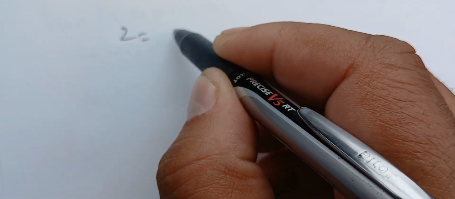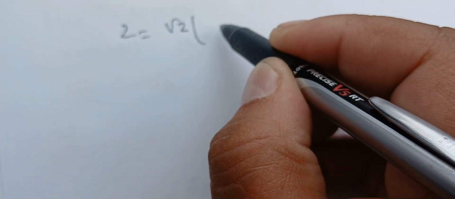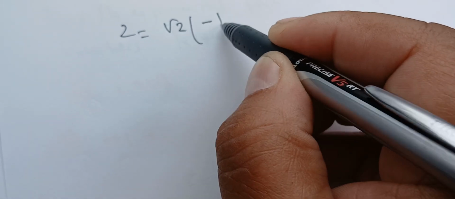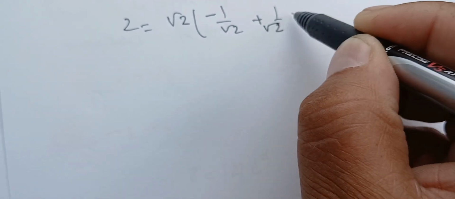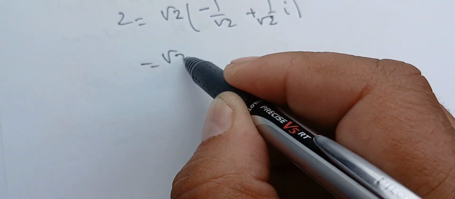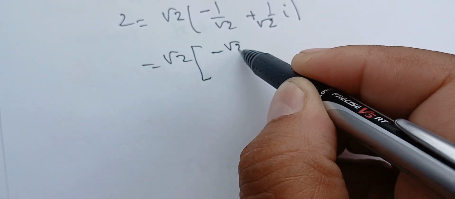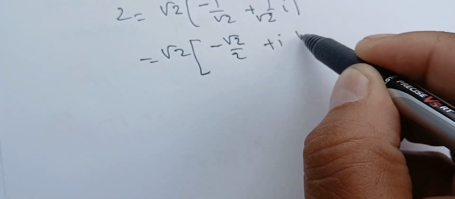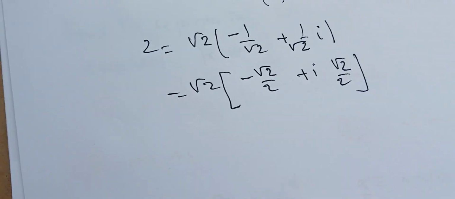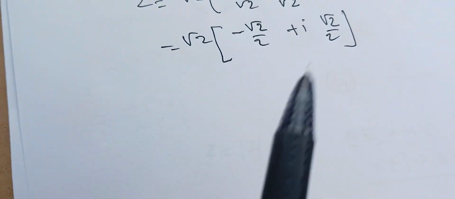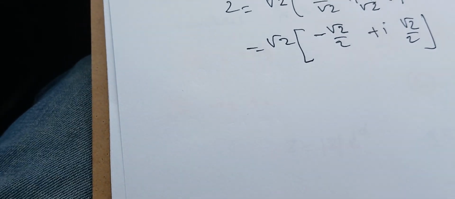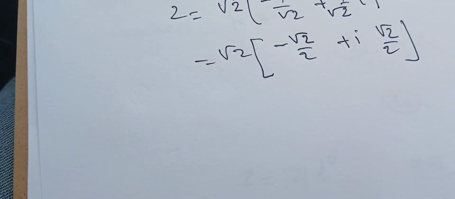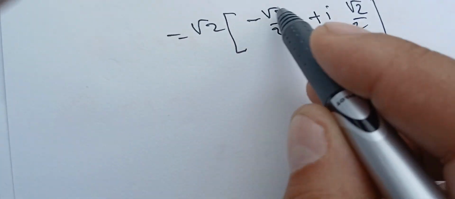So z can be written as square root of 2 times minus 1 over square root of 2 plus 1 over square root of 2 times i. It can be written again as minus square root of 2 over 2 plus i square root of 2 over 2. This looks like some pi over 4. But here we have this minus.